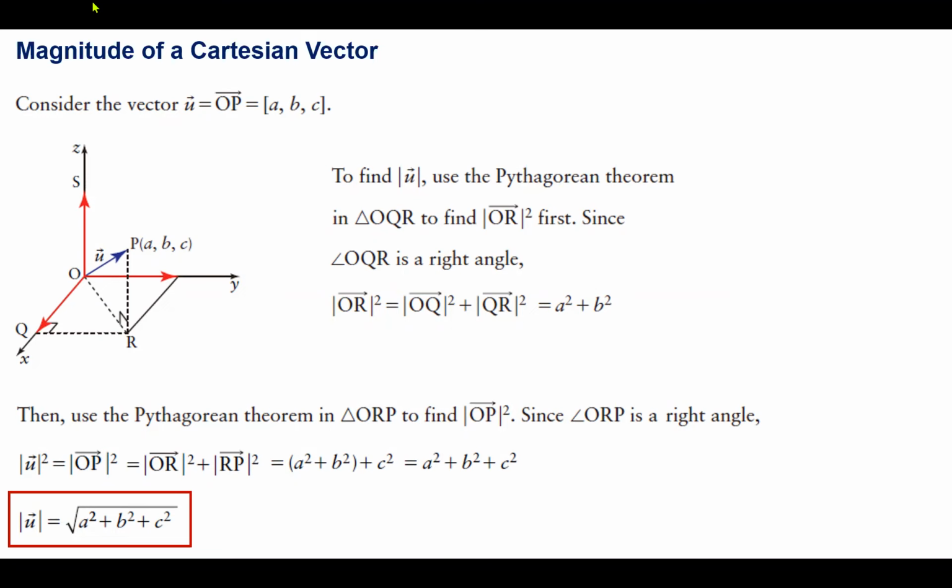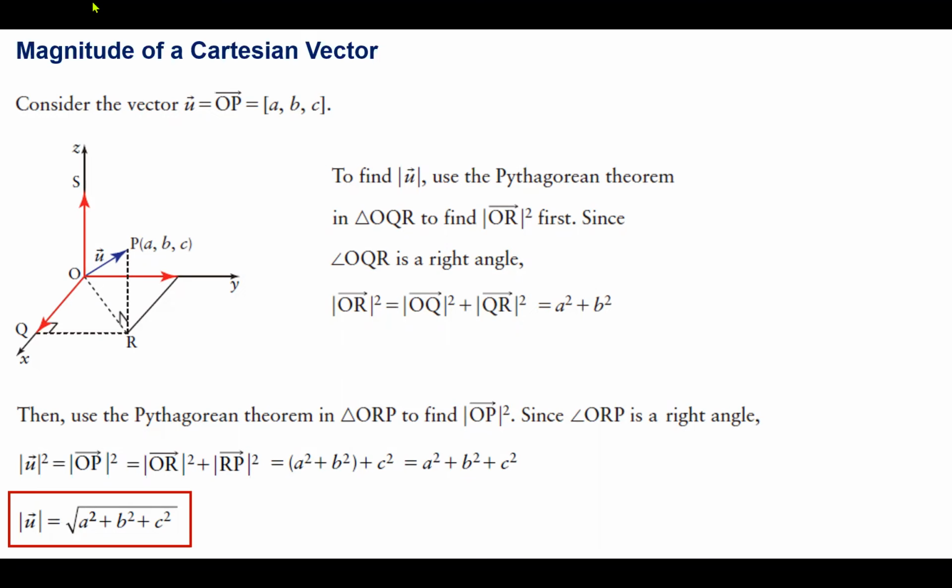Since angle OQR is a right angle, we have the following relationship. The magnitude of OR squared equals the magnitude of OQ squared plus the magnitude of QR squared, which equals a squared plus b squared, right? Then we can use Pythagorean theorem in triangle ORP to find the magnitude of OP squared.